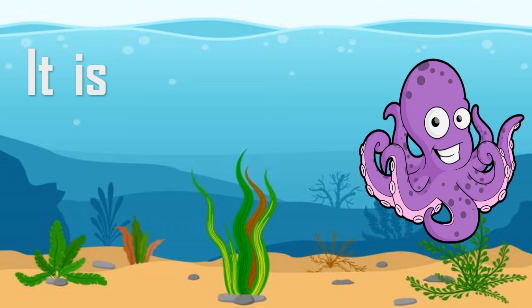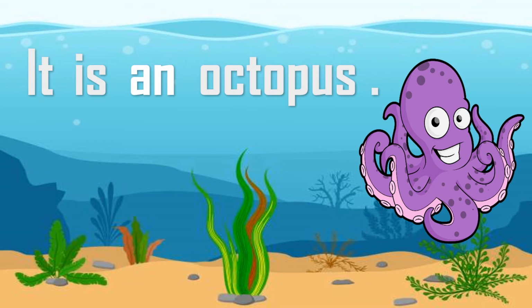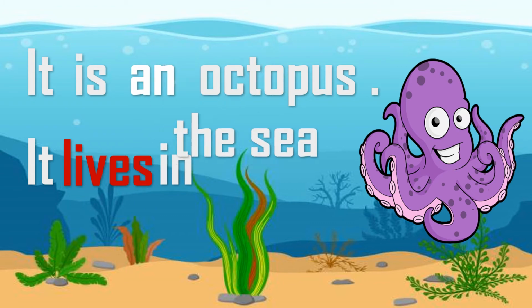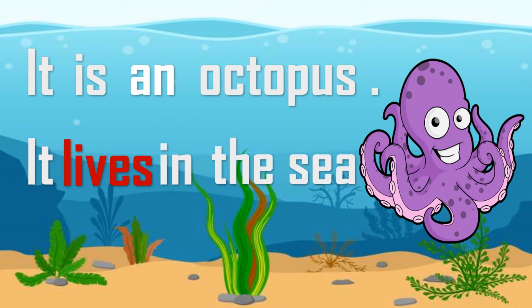So we use an octopus. It is an octopus. It lives in the sea. تمام يا prime 1. ناخد بالنا again من verb lives. It lives in the sea.